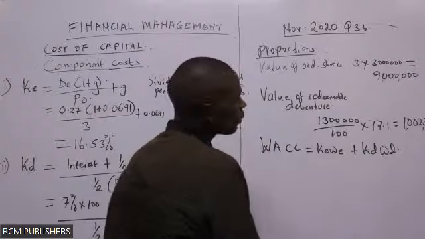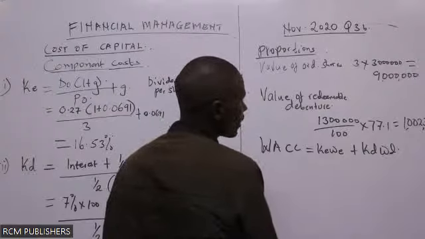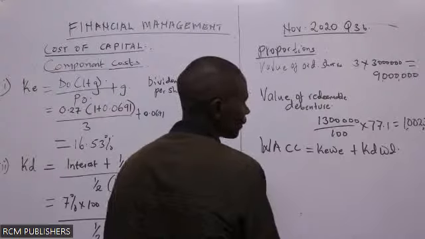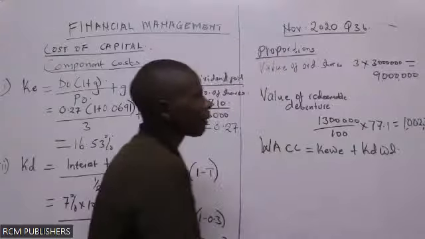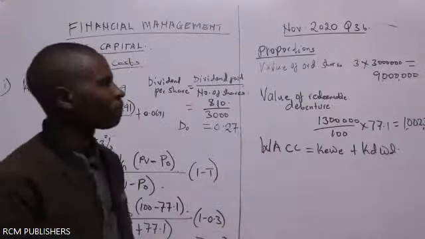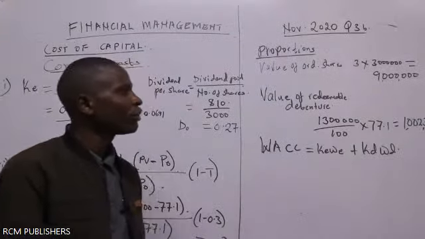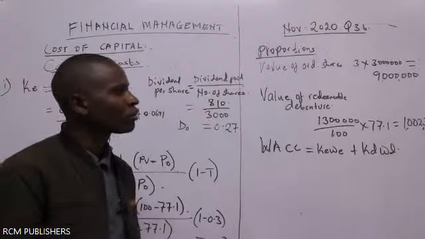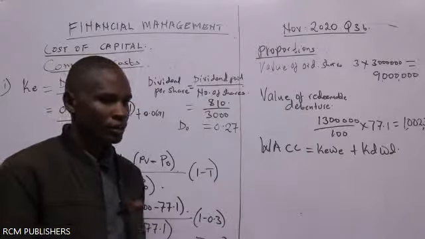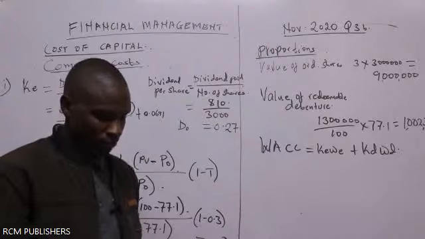Now, if I want to get the total of the proportion, how much do you get? The total of the proportion, how much? 9 million plus 1,023,00. How much do you get?